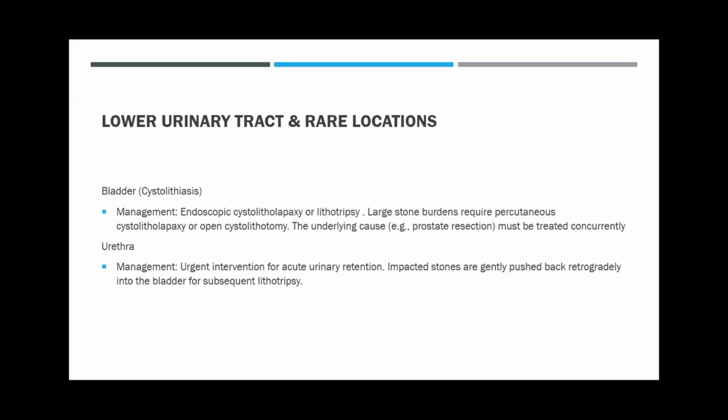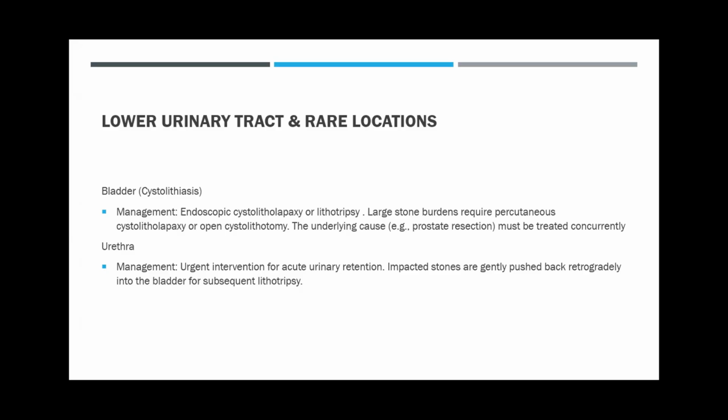Then in the lower urinary tract, especially in the bladder, endoscopic cystolithopexy or lithotripsy can be applied, depending on the stone size, and we also need to clear the cause of the obstruction or the cause of the stone formation during that operation.